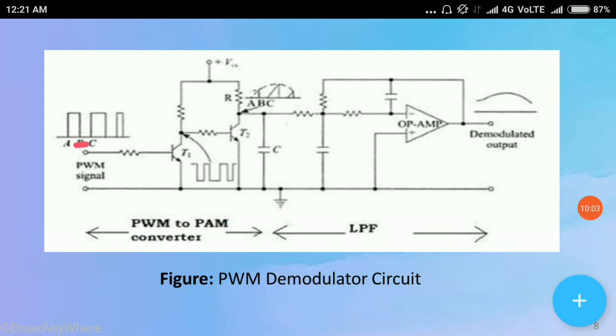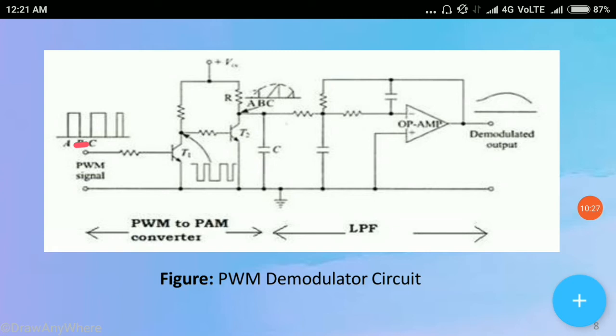Now the capacitor C discharges very rapidly through T2. The collector voltage of T2 during this interval is then low. So the waveform at the collector of T2 is more or less a sawtooth waveform whose envelope is the modulating signal.